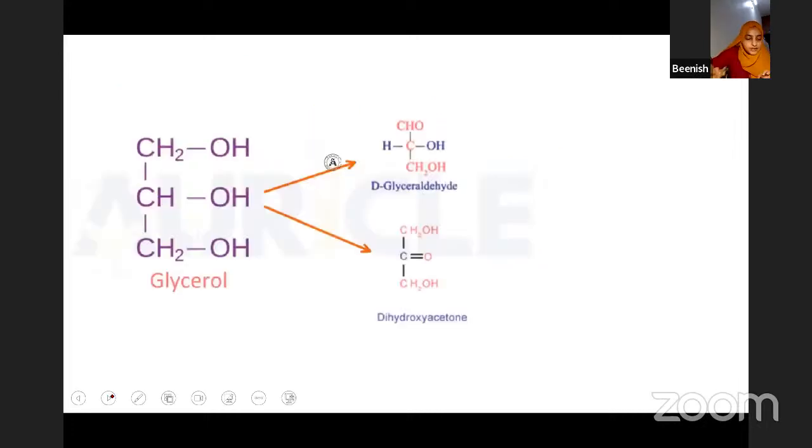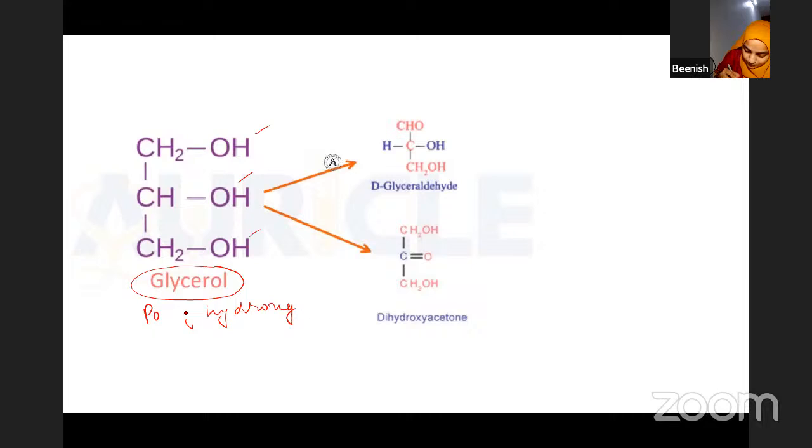Let's understand this via glycerol. This glycerol here, as you can see, has 1, 2, and 3 hydroxyl groups. So it fulfills this condition of polyhydroxy. Okay. So it is a polyhydroxy alcohol.